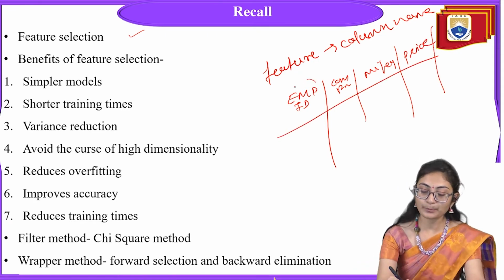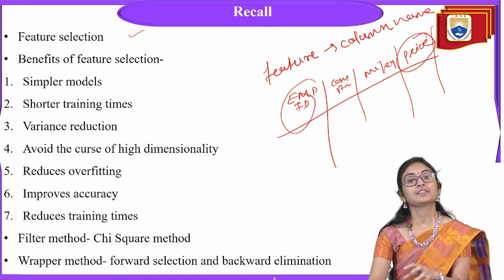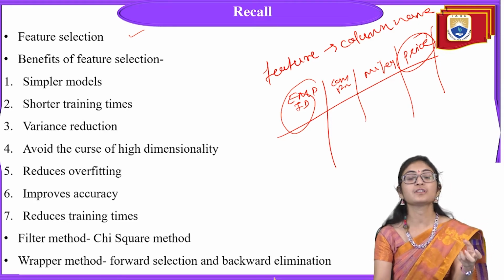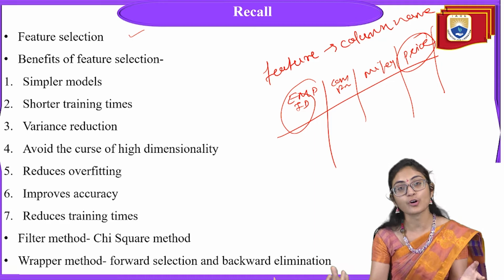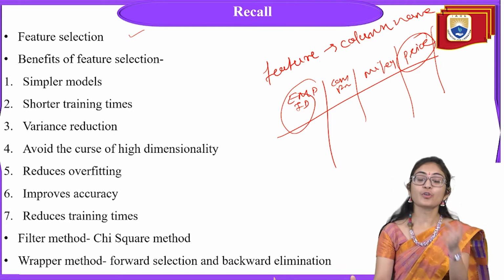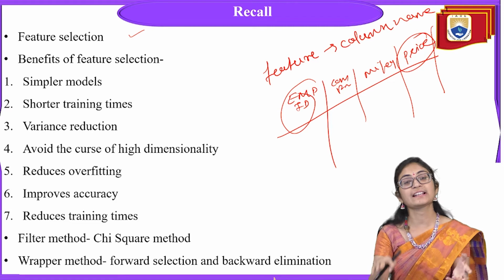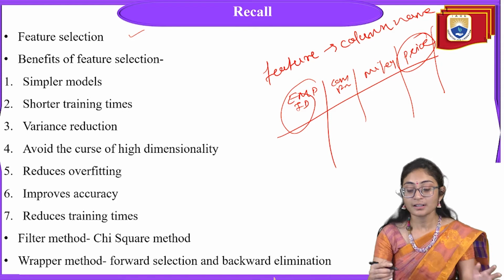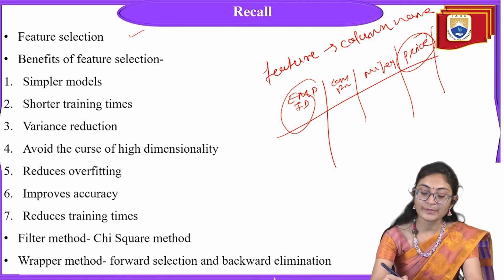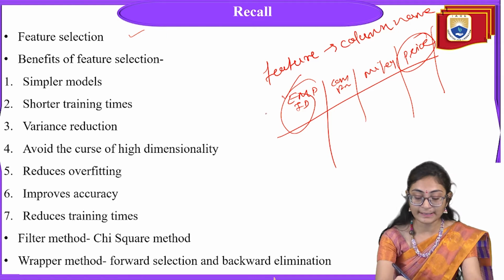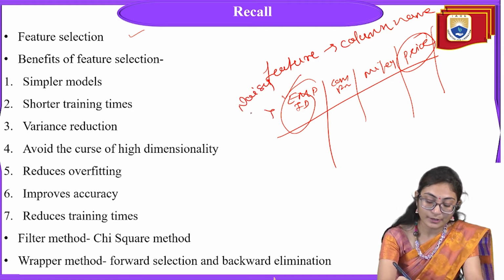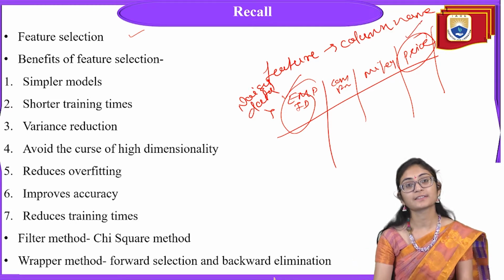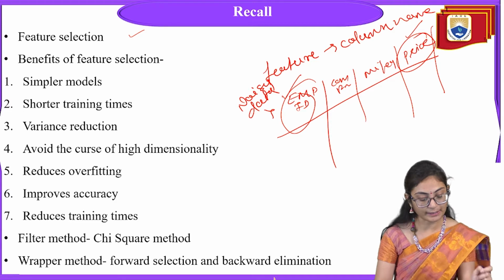Here, between employee ID and price, there is no correlation. That means feature selection mostly shows the correlation between two or more attributes. If it is not showing any relation between the attributes, then it is noisy data. Now in our table, employee ID is noisy data because it is not related to our selling price. That's why it is noisy data.